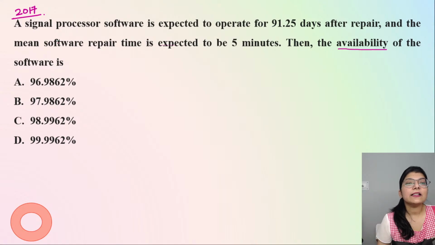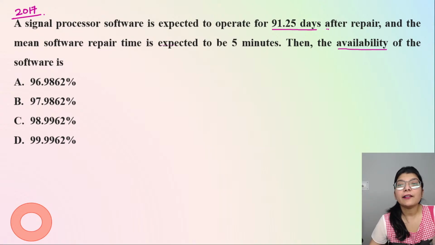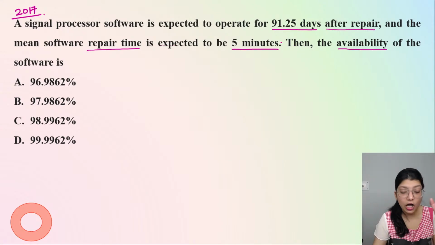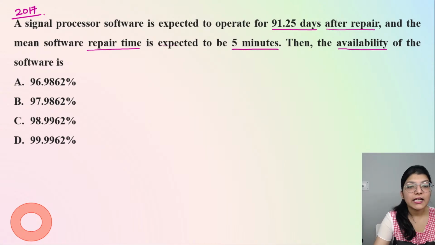They're saying a signal processor software is expected to operate for 91.25 days after repair, and the mean software repair time is expected to be 5 minutes. Then the availability, meaning for how much time your software is available for work. So you have to calculate the availability of the software, and the time starts now.